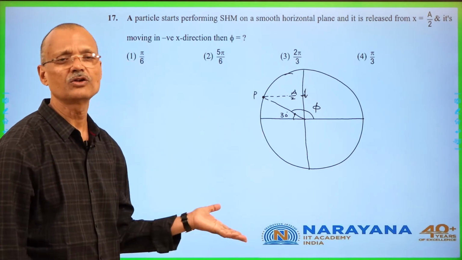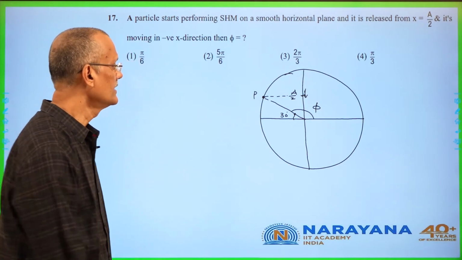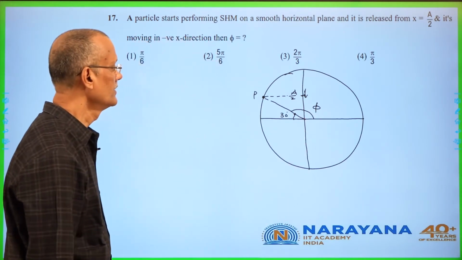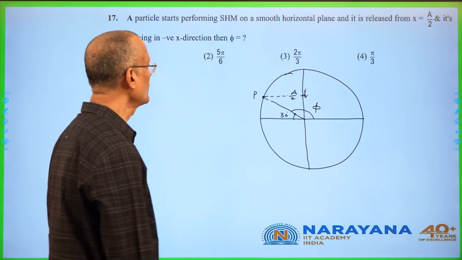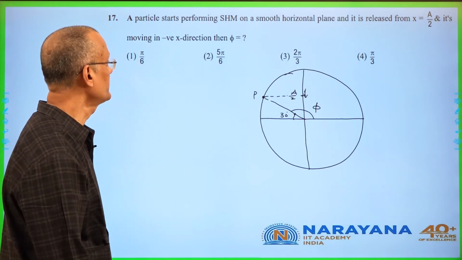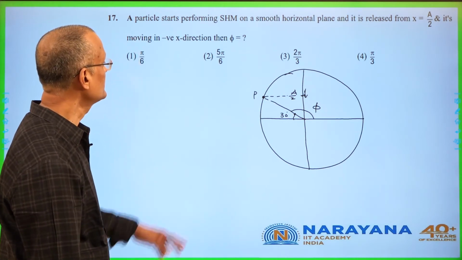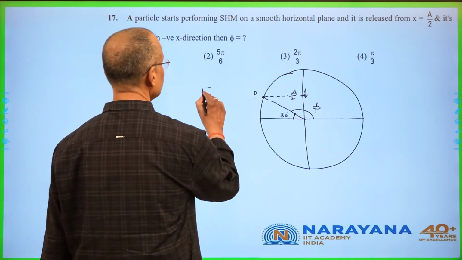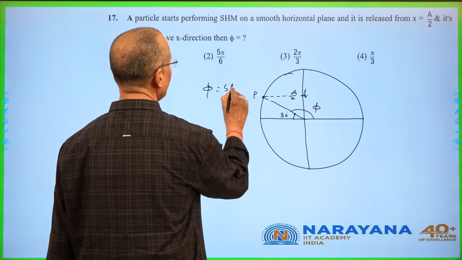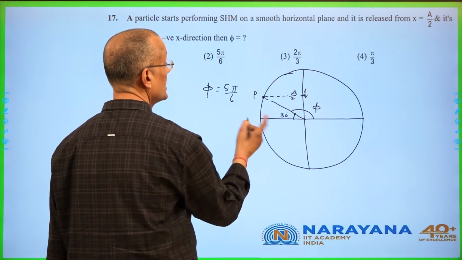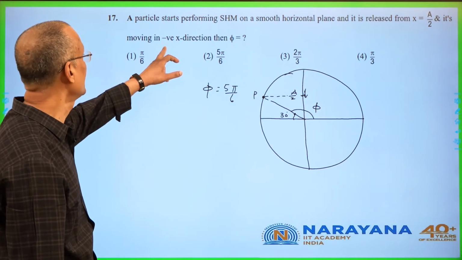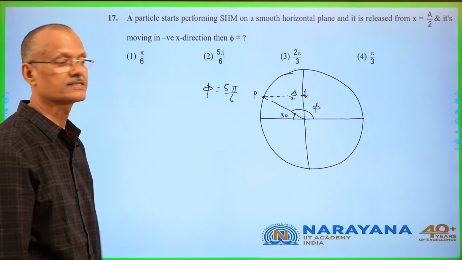Directly from circle of reference you can say that this angle will be 150 degree. Am I right? Total 180. So 150 degree. So you can check here 30 into 5, 150 degree. Your phase difference will become 5 pi by 6. Answer may be 30 degree also, if they put here it is moving in positive x direction.